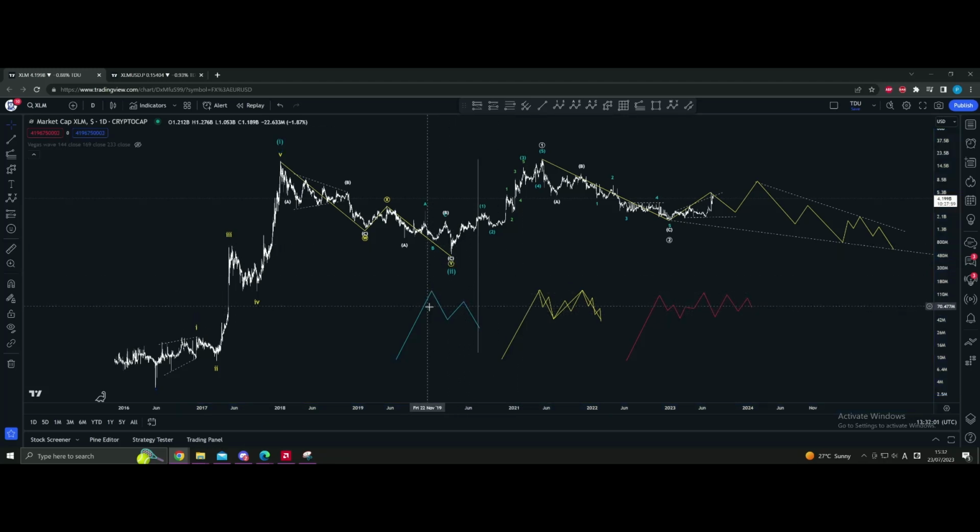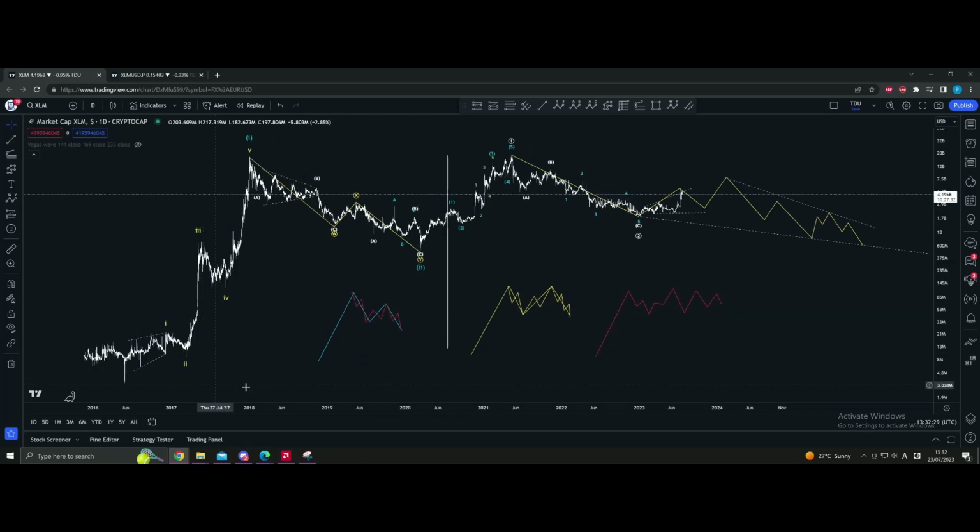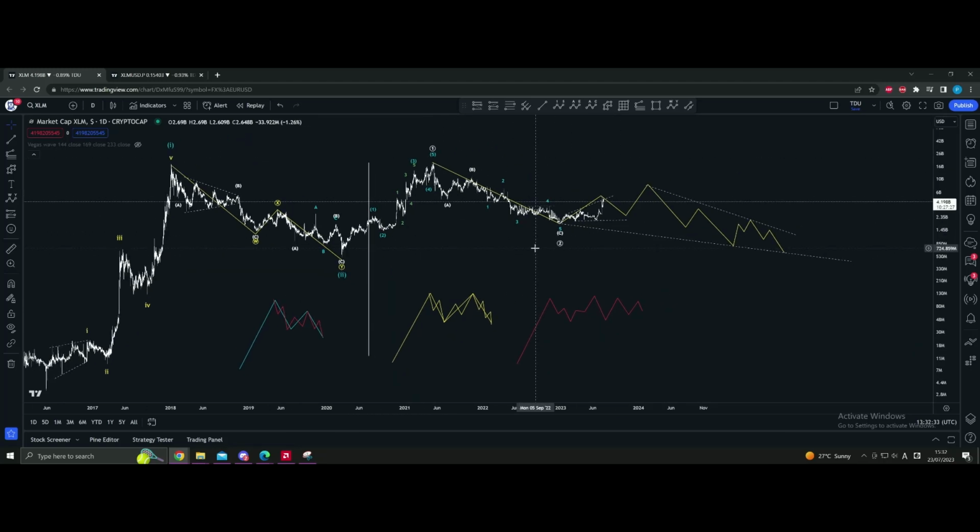Normally, this is just an impulse, and then a 5, 3, 5, or double zigzag, which would be this small 5, 3, 5, whatever, wave X can be anything correctively, and another 5, 3, 5, which would be this case, so WXY, so 1 and 2, and a little 1 and 2, which is this one.